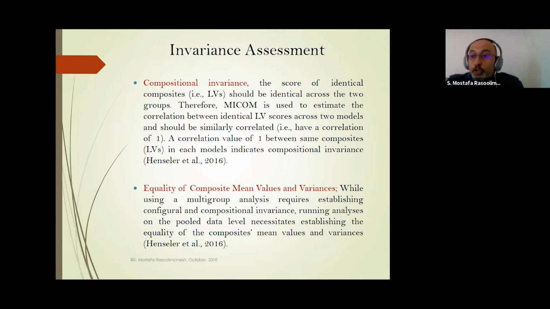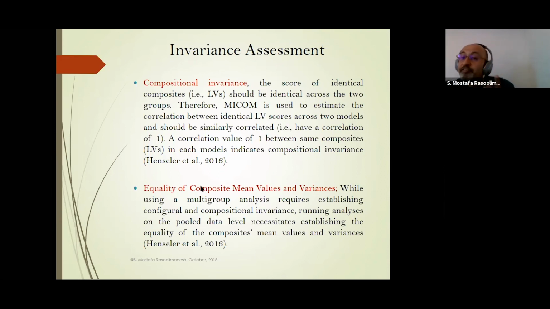But if you want to combine data from China and US and run the model based on merged data, so we say pool data, we can pool data from different sources. If you want to run the model with pooled data, you have to get full measurement invariance. And we need to pass step 3 also.